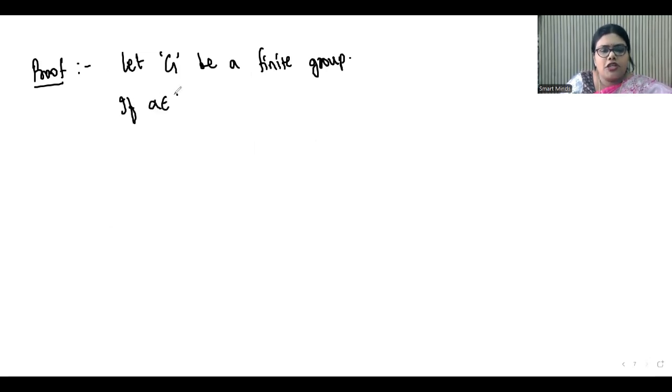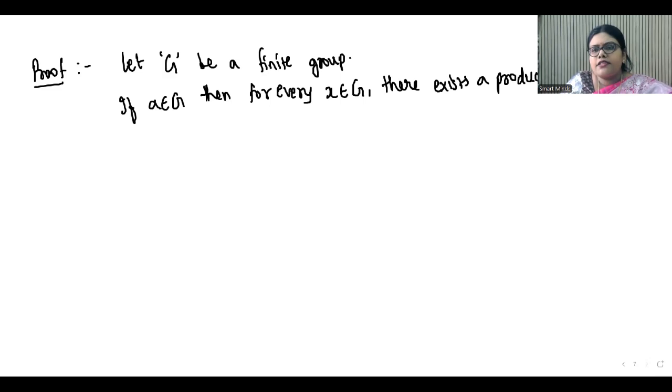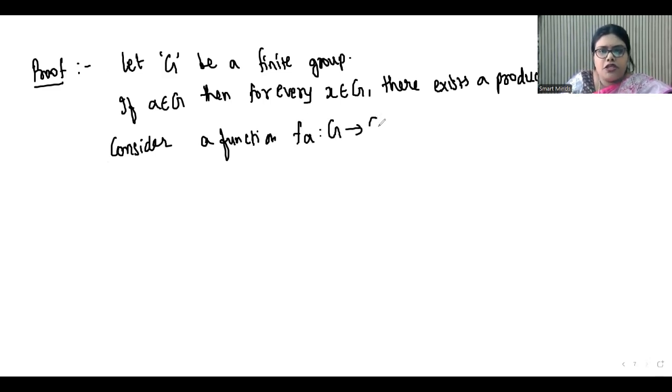If A belongs to G, then for every X belongs to G, there exists a product AX belongs to G. Now let us consider a function FA maps G to G defined as FA of X is equal to AX for all X belongs to G.